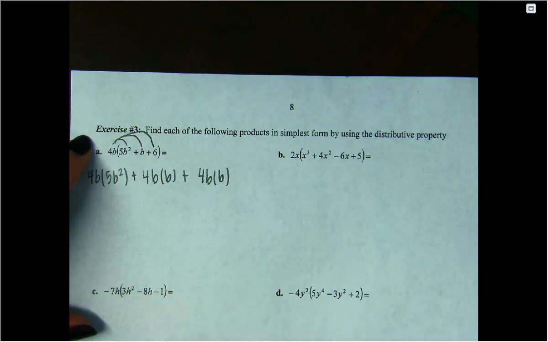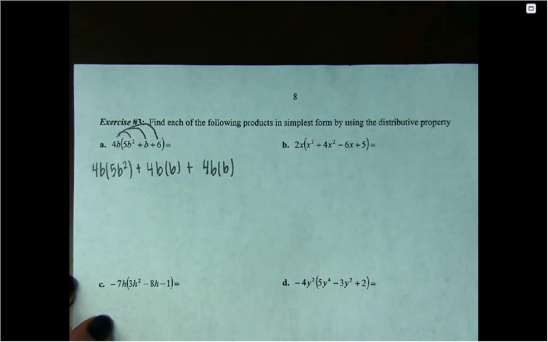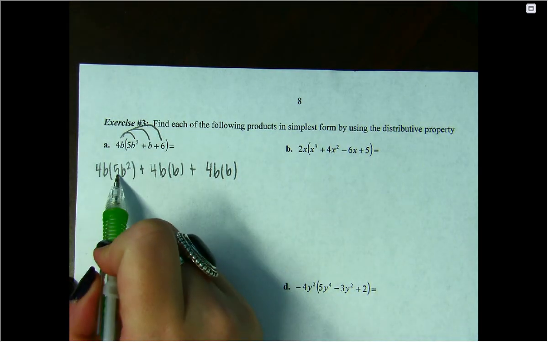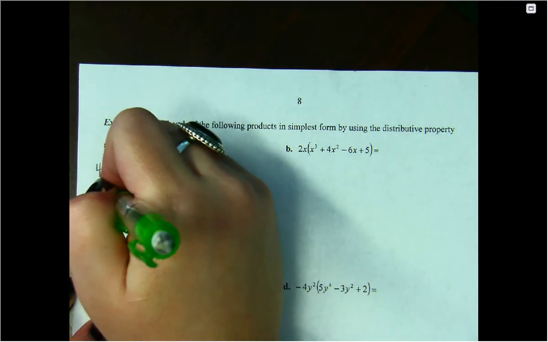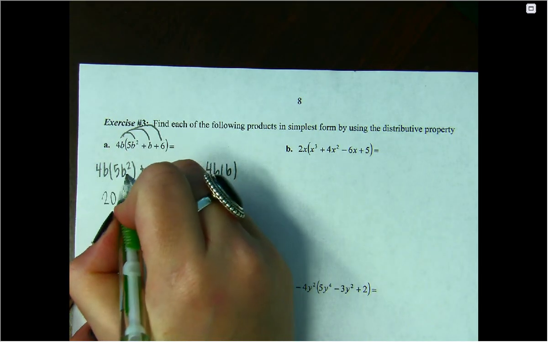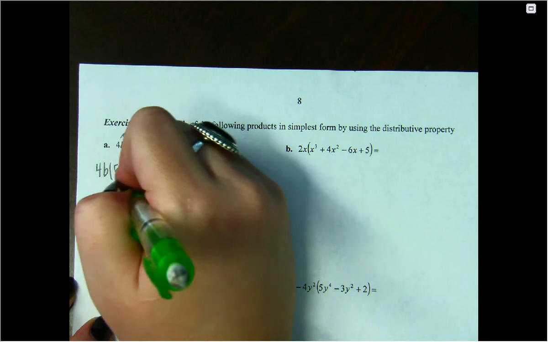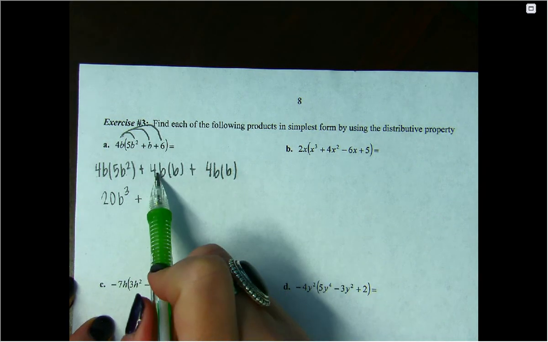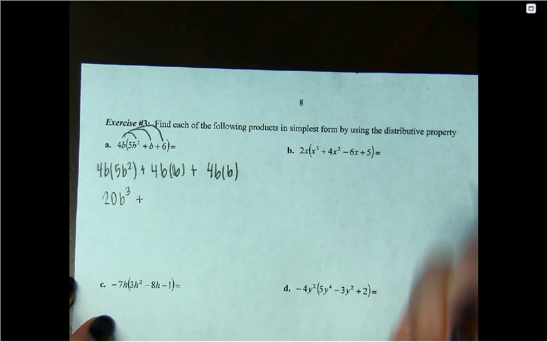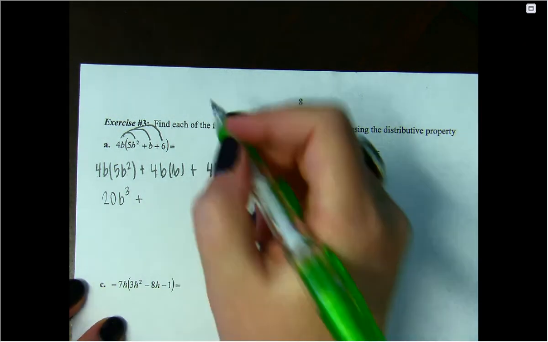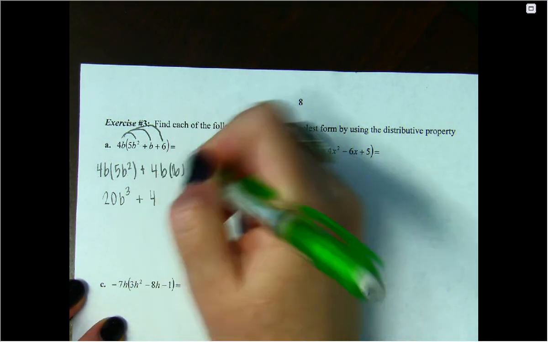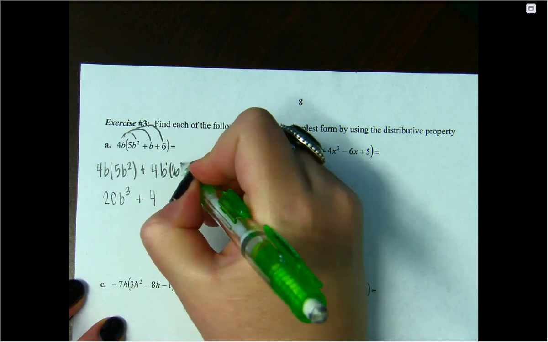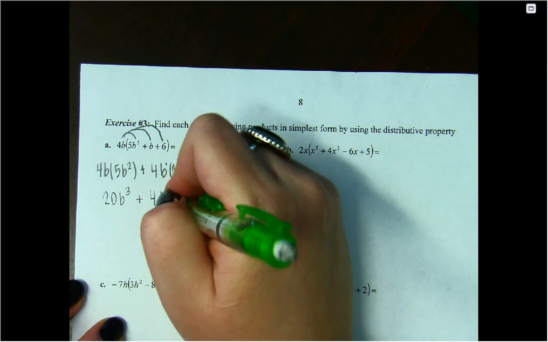So this is just a triple distribution, okay? So 4 times 5 is 20. B times b squared, well, I add my exponents, so this is b cubed. Plus, okay, well, 4, remember there's still a 1 in front of this, but I don't need to write it, so 4 times 1 is 4. And b times b, well, there's little 1s on here, so I add my exponents, I get b squared.